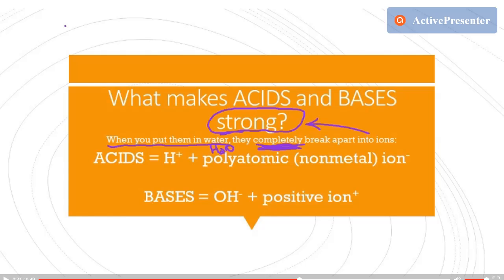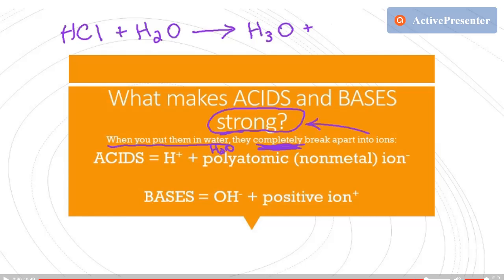So if you have hydrochloric acid and you put it in water, that is going to yield hydronium and a chloride ion, because when you take this H that makes the acid in hydrochloric acid and you add it to the water, the H2O, you end up getting H3O because there's that extra H in there.